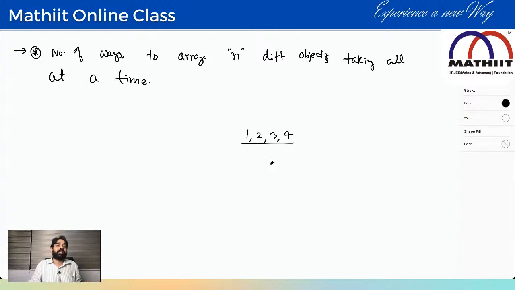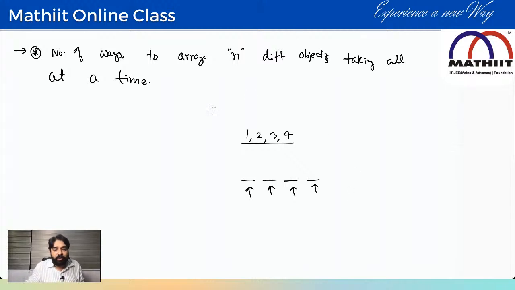Whatever number of objects you have to arrange, that many places I will draw. Arrangement means identify the number of objects, draw that many places and fill these places. That is the best way to do it. So this place I can fill in 4 ways, this place in 3 ways, this place in 2 ways, this place in 1 way. So the answer will be 4 into 3 into 2 into 1.